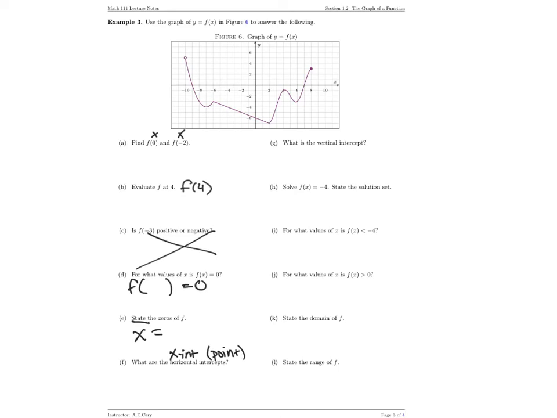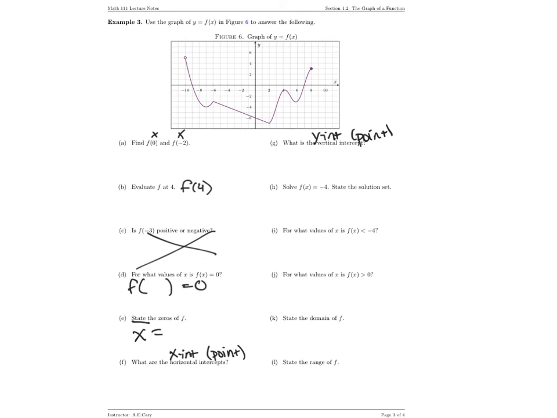Now, you may be looking at this and going, Ms. Twain, I think D, E, and F are all asking the same thing. Yes, yes, they are. You should be getting very similar answers for D, E, and F. It's just the notation that you are using. So please make sure that you are using the proper notation. Part G, what is the vertical intercept? That's asking about the y-intercept. So again, please write that as a point.